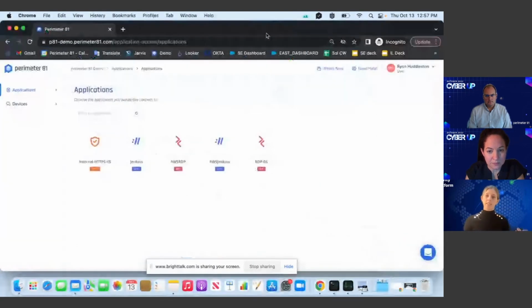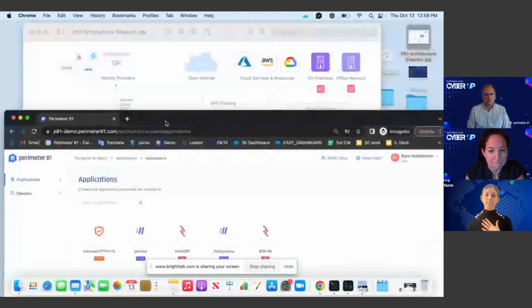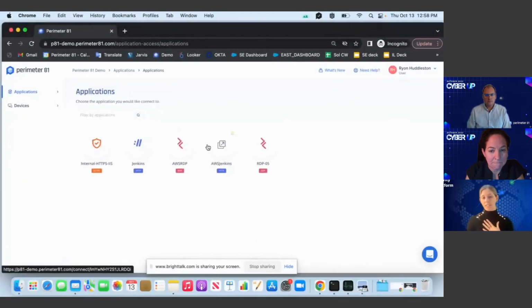So agentless access looks like this. You do not need an agent installed, so nothing to install on the computer. And it's a reverse proxy through the browser. Why this is valuable for enabling BYOD more securely is that, if I'm on my personal laptop right here, you can not only grant me access to specific internal applications, so grant me very granular access, but my personal device is never actually touching the company's network.